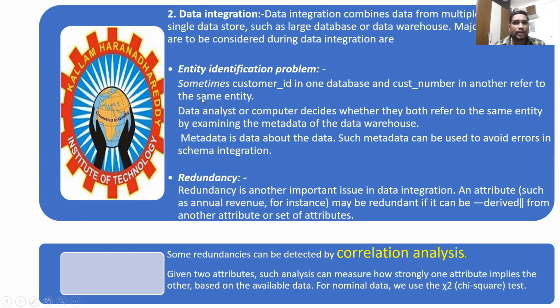In data integration, as already discussed, we have to combine data from multiple resources like flat files, databases, and data warehouses into a single large database called a data warehouse. We collect data from various repositories, such as flat files, text files, other databases, and data warehouses, and store it in a single data storage called a data warehouse.